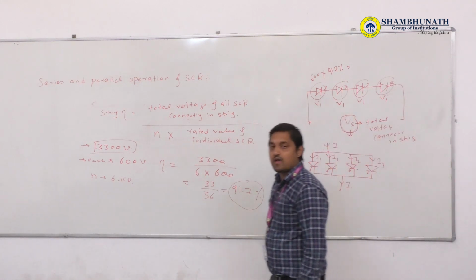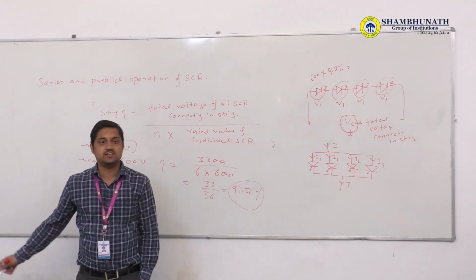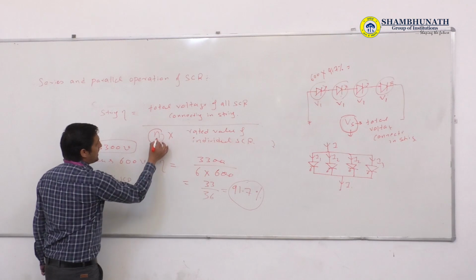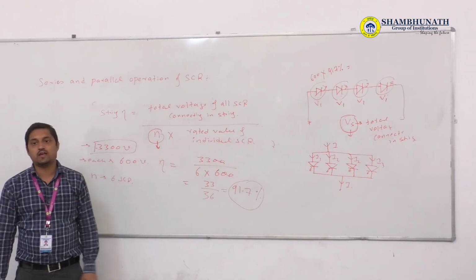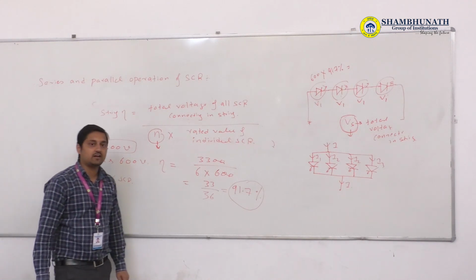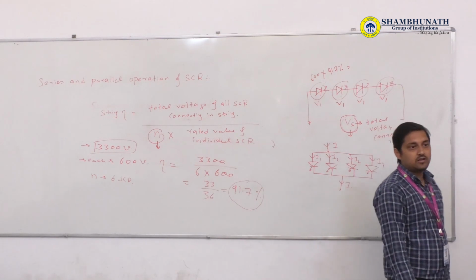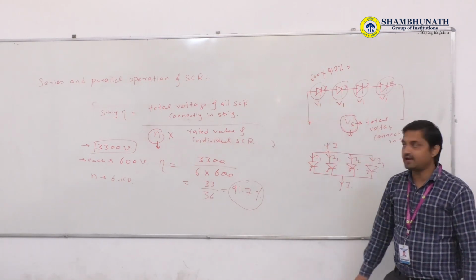To improve the reliability of each SCR, we can increase the number of SCRs, and this is known as the derating factor. Derating factor means we reduce the voltage across each SCR relative to its rated value.